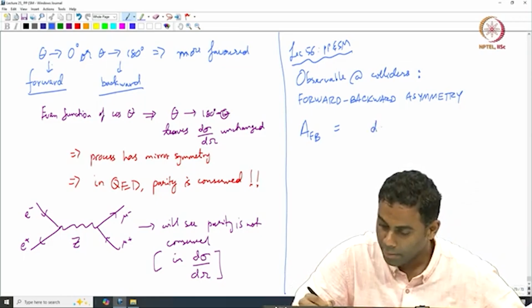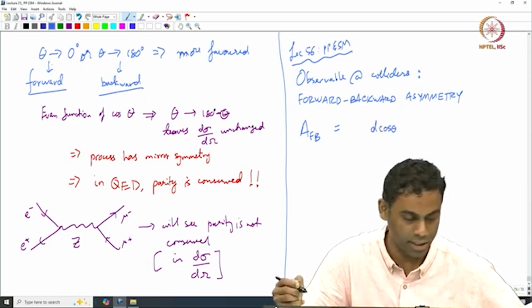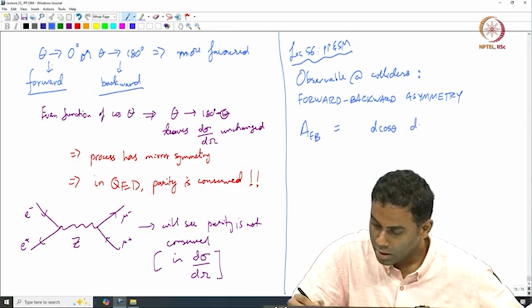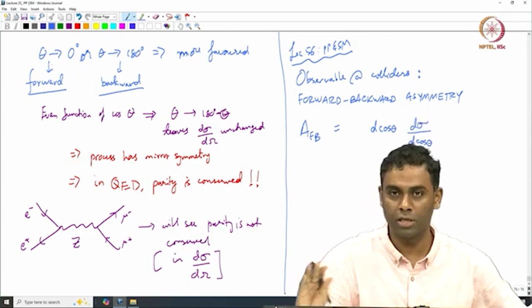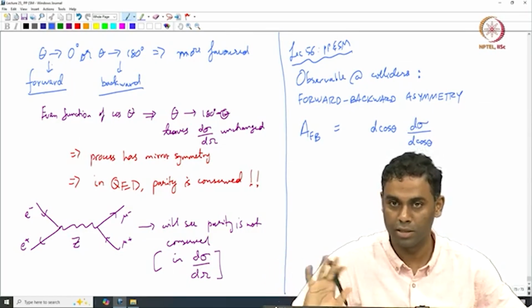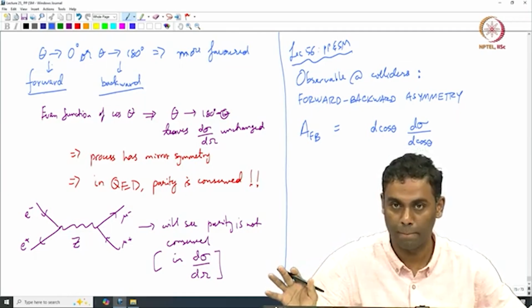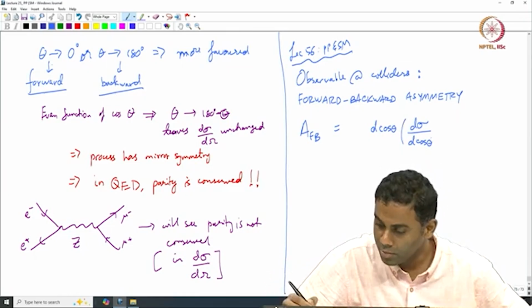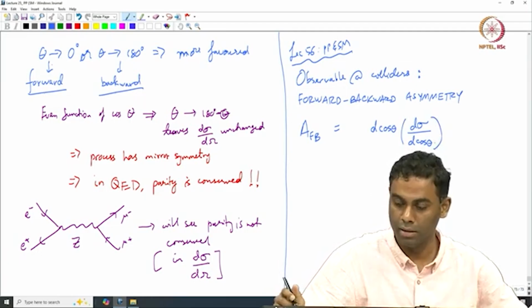I am going to integrate the differential with respect to cos theta, assuming there is a phi symmetry. So the azimuthal symmetry is there, so that just integrates to 2 pi. So I am left with d sigma d cos theta still.